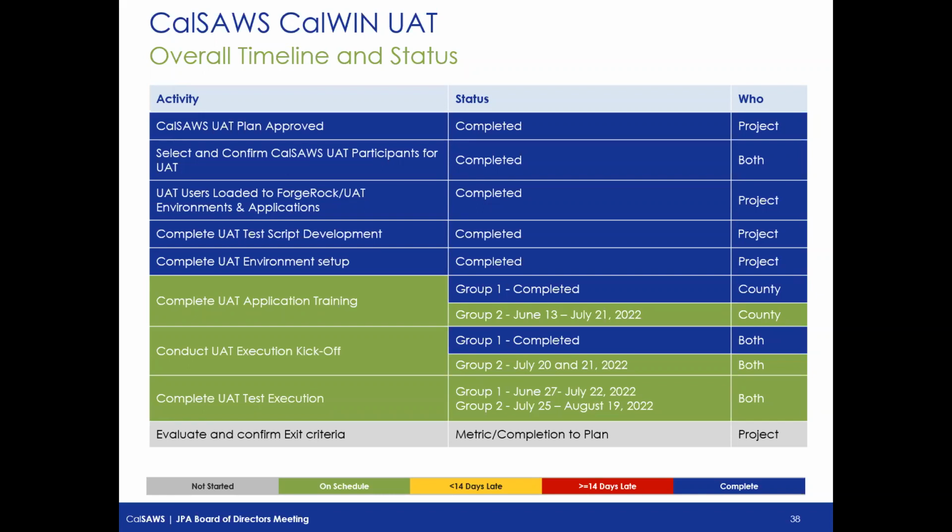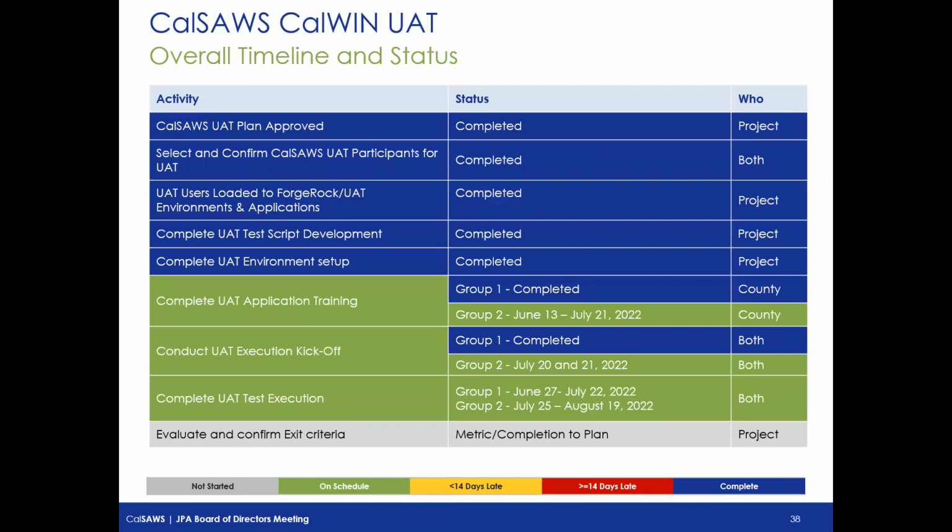We've also completed our UAT test script development, and we've also completed our UAT environment setup. For UAT application training, our group 1 folks have completed their training. Our group 2 folks are wrapping up their training this week.